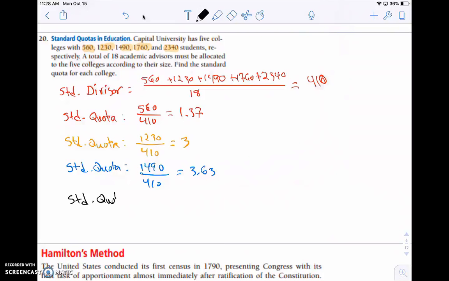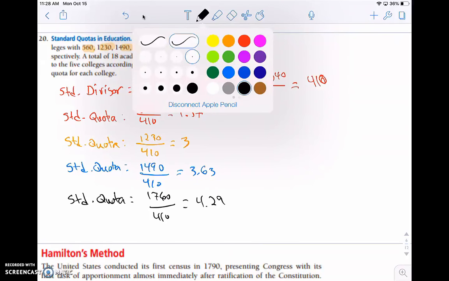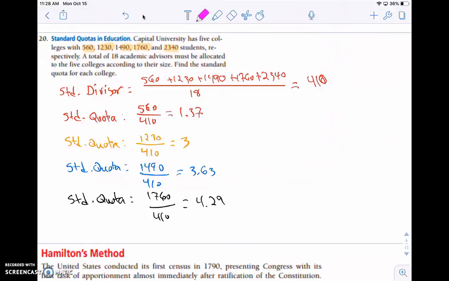And then we got a couple more colleges here, so that 1760 divided by 410, you get 4.29, and then our last college standard quota is going to be 2340 divided by 410, which is 5.71.